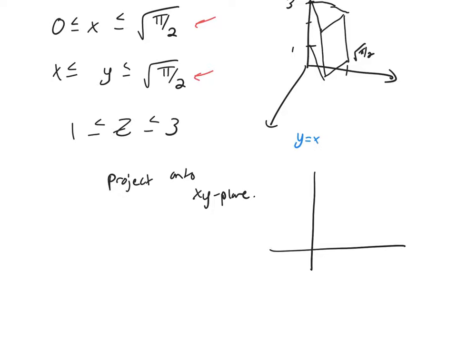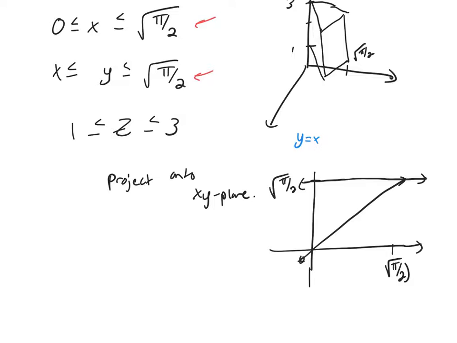So x goes between 0 and the square root of pi over 2. And then y is bounded by y equals x and then the square root of pi over 2. So here's my region here.